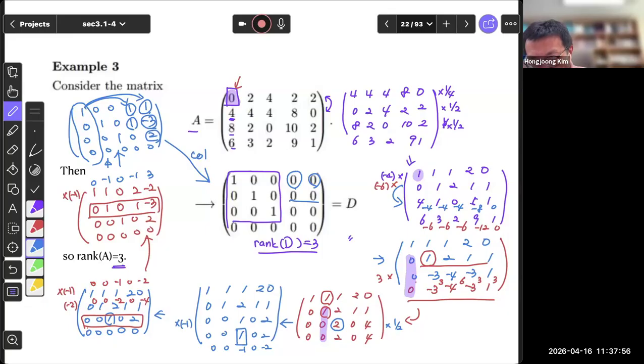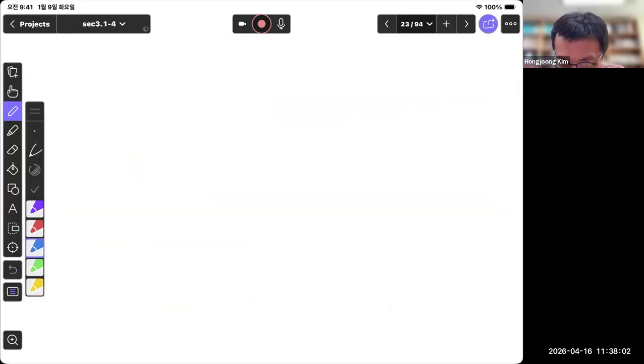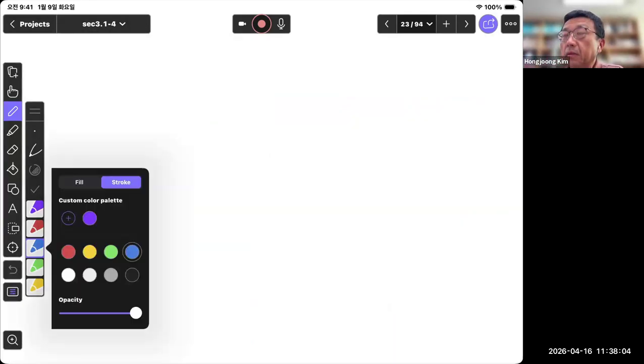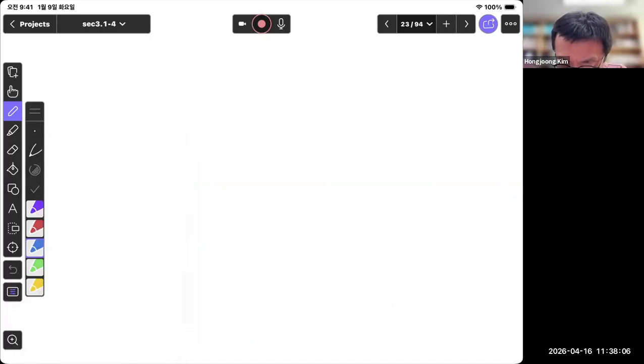Okay. So what did I do? Given this 5 by 4 matrix, I just considered introducing a non-zero value in the first row, first column.